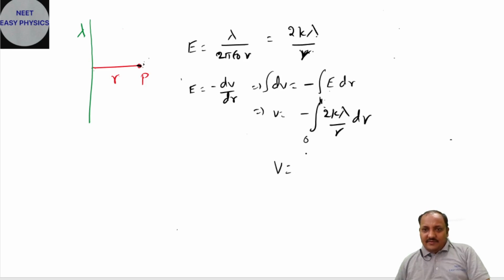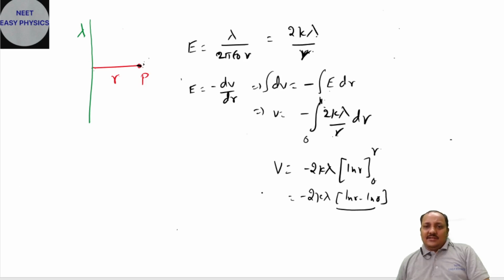Correct? Now V is going to be minus 2K lambda integral of 1 by R dr. 1 by R dr is nothing but log R, between the limits 0 to R. So minus 2K lambda, log R minus log 0. Isn't it? This is the potential equation.